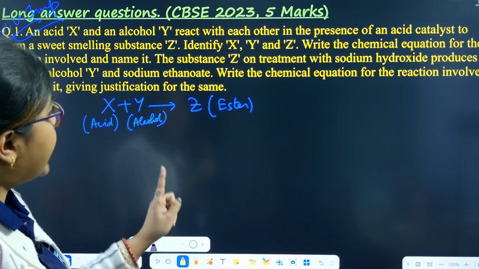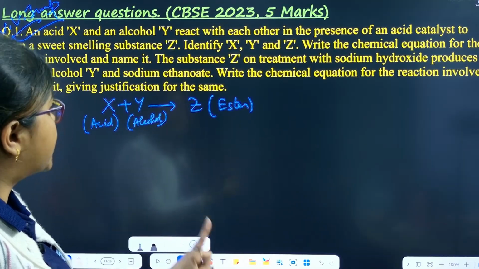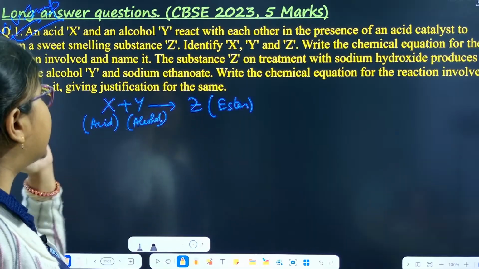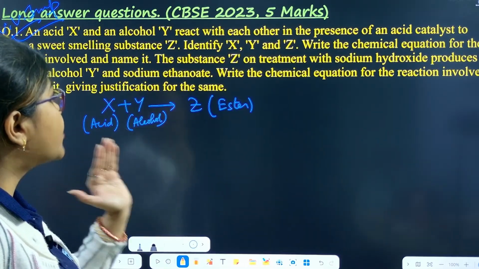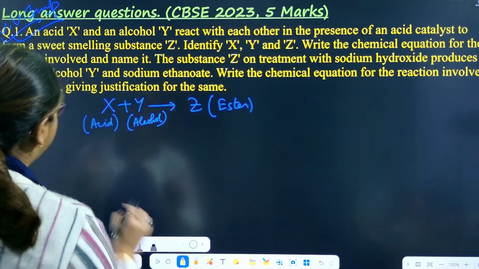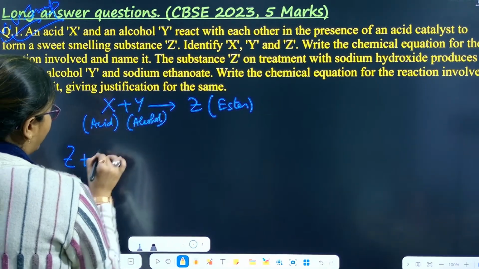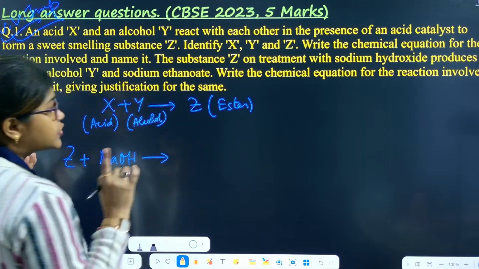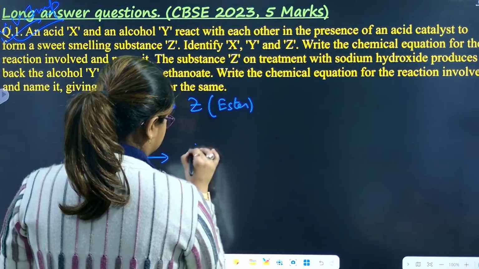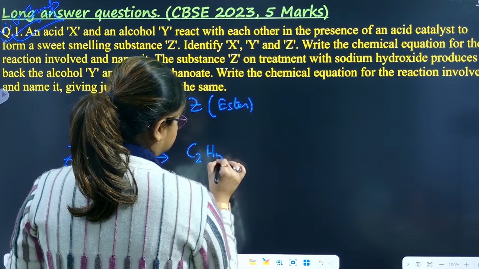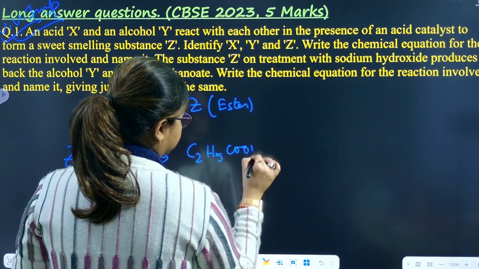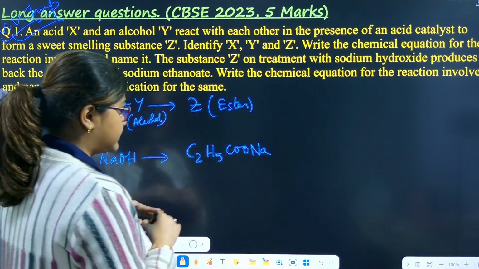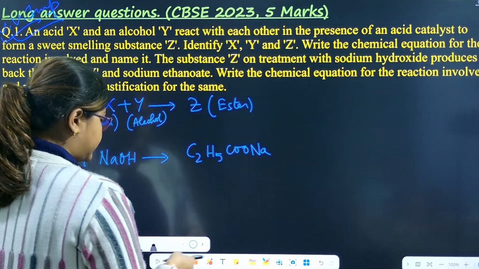The substance Z on treatment with sodium hydroxide produces back the alcohol Y and sodium ethanoate. That means Z, when it reacts with NaOH, it is giving me sodium ethanoate. CH3, na?